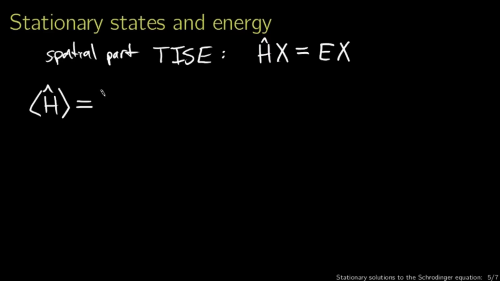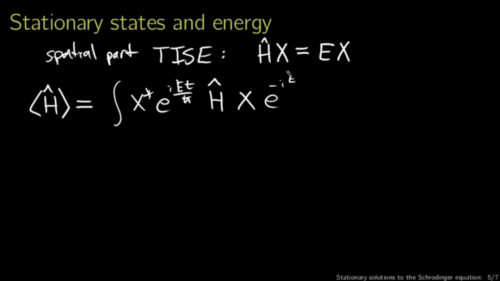We have an integral, and then the wave function itself, complex conjugated: psi star, e to the i E t over h bar, times our Hamiltonian, and then the non-complex-conjugated wave function, e to the minus i E t over h bar, integral dx.